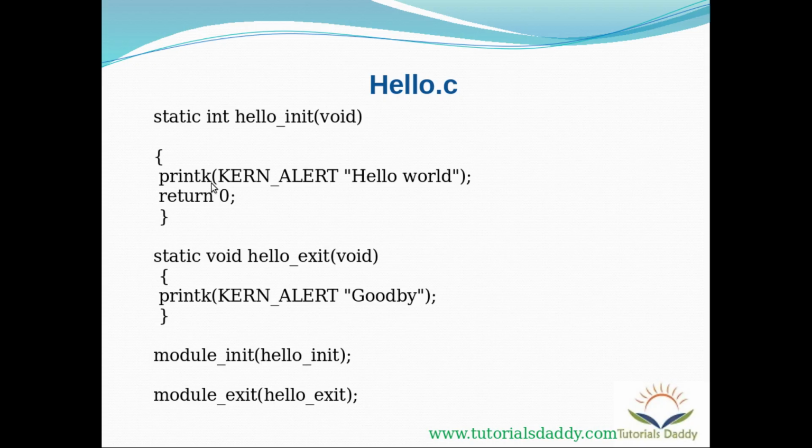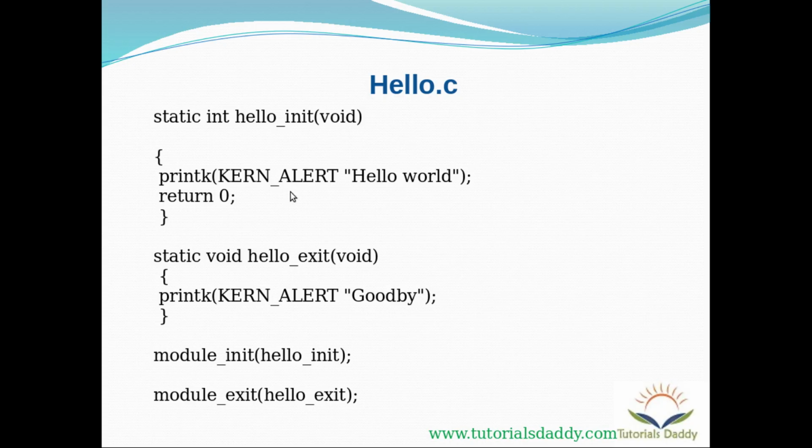So printk is a kernel print. You can see here, with that we use KERN_ALERT. These are the different flags we use: KERN_ALERT, and other flags also exist. KERN_ALERT means it's a kernel alert, so we have to print this message into the logs.